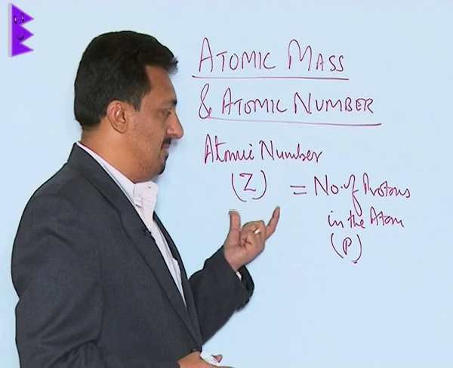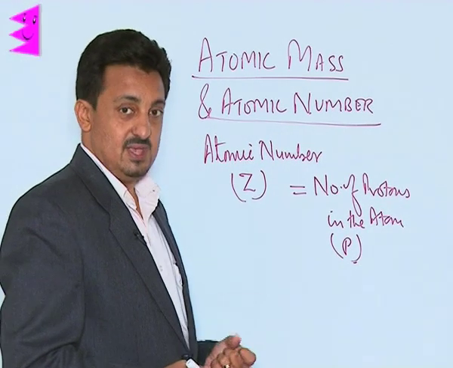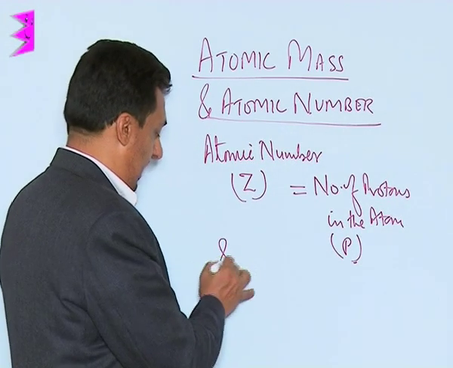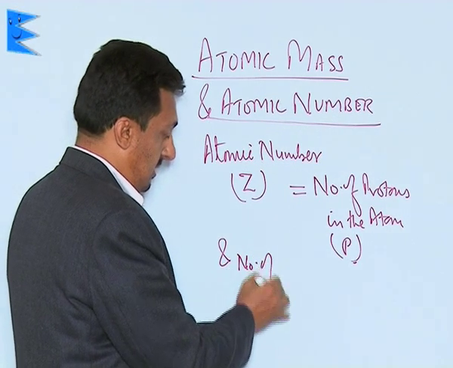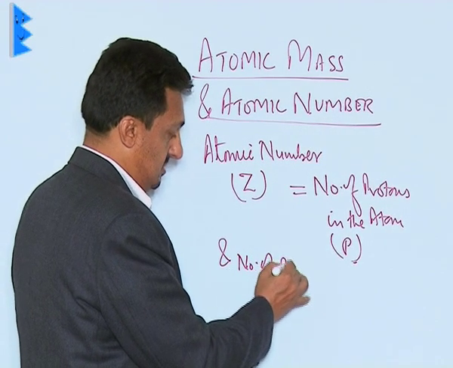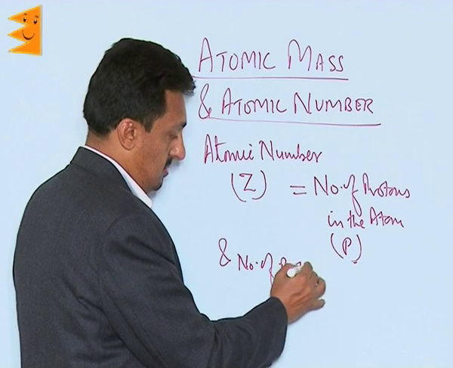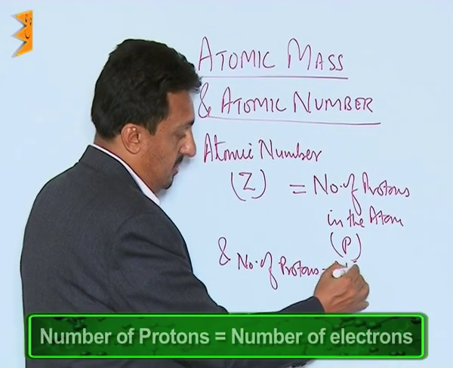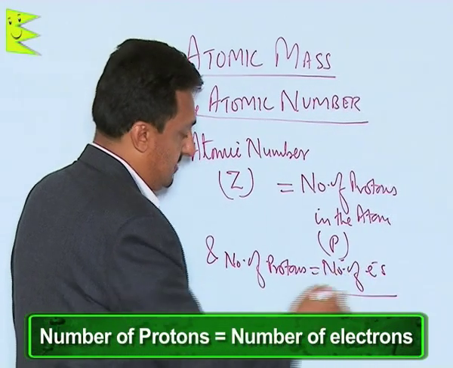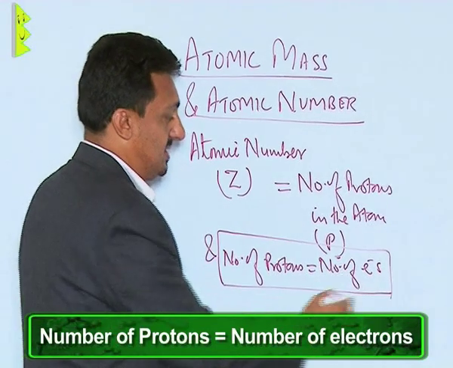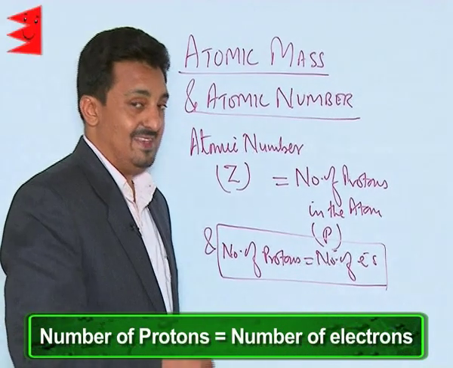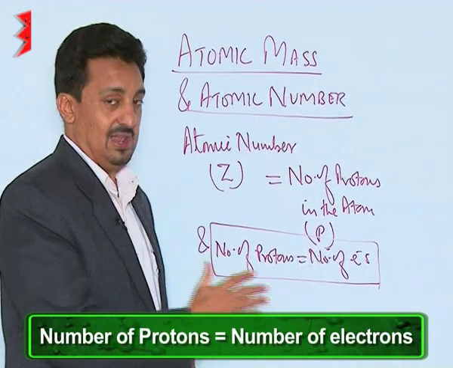So always the atomic number is equal to the number of protons, and the number of protons is equal to the number of electrons, so that the atom remains electrically neutral.